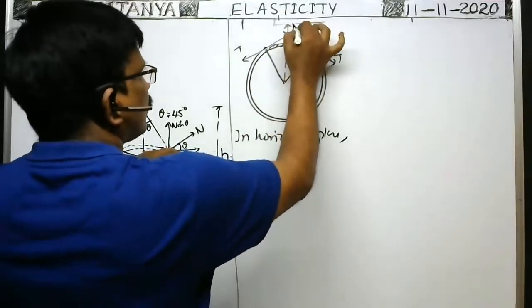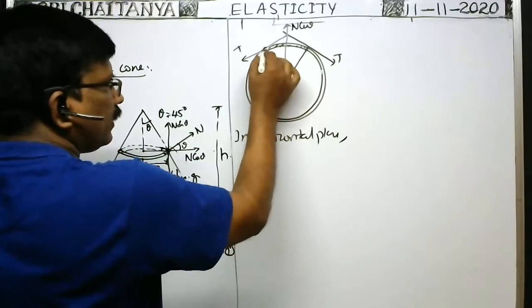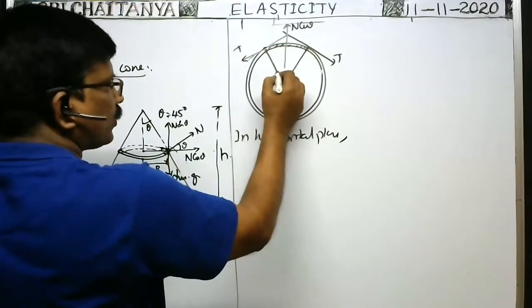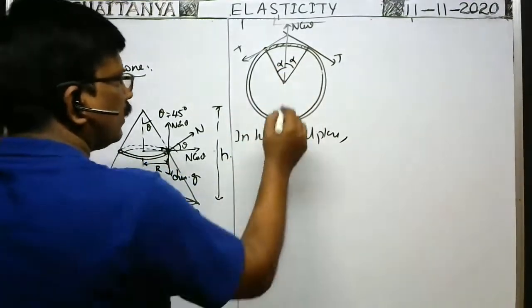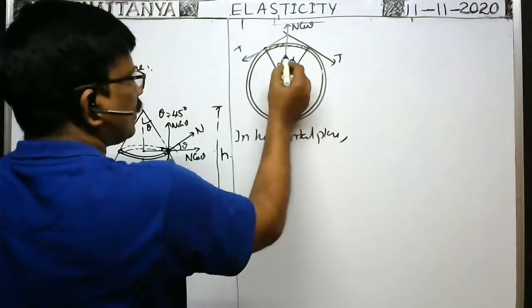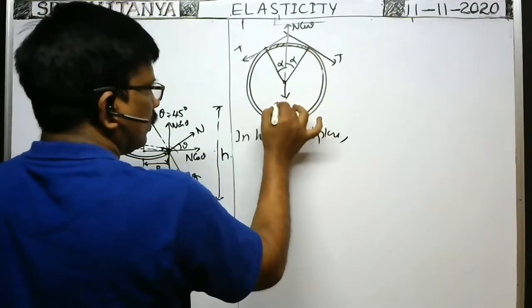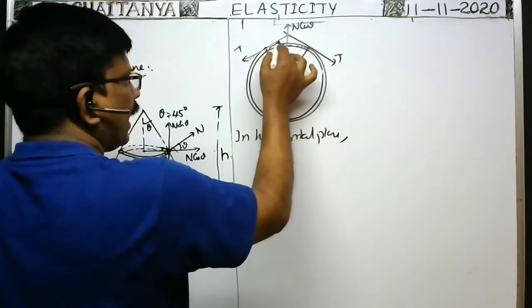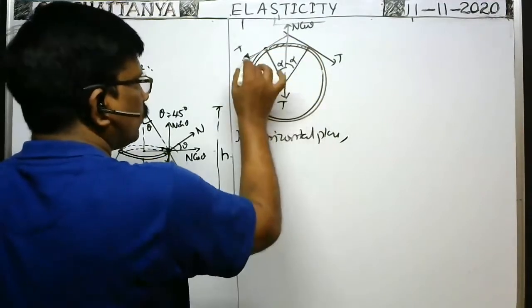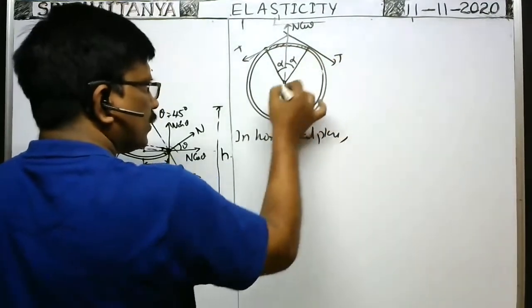Suppose the angle made by this normal with the tangential direction is alpha with the vertical, and this is also alpha. Then the tension component in this direction is T cos(90 minus alpha), that means T sin alpha. The tension component acting on the element in this direction is T cos(90 minus alpha), meaning T sin alpha. This is also T sin alpha.